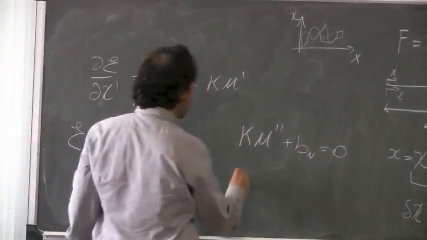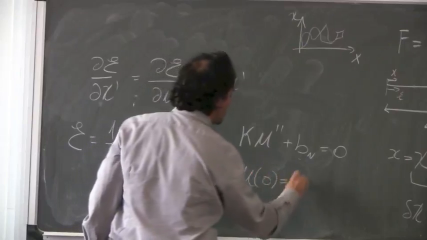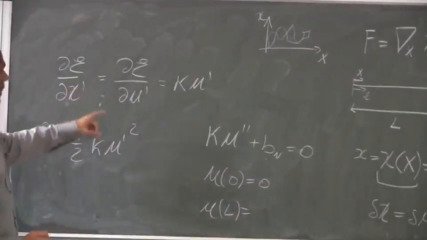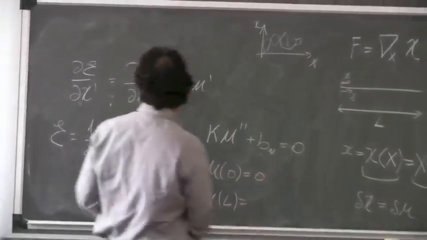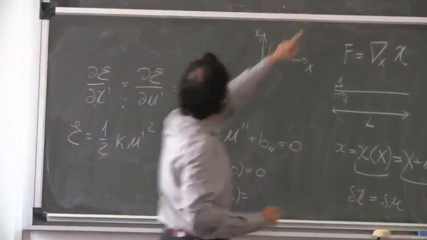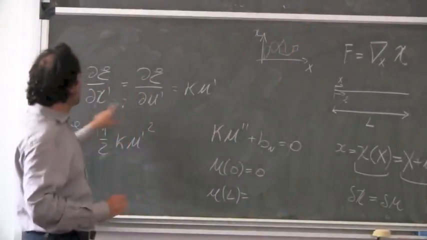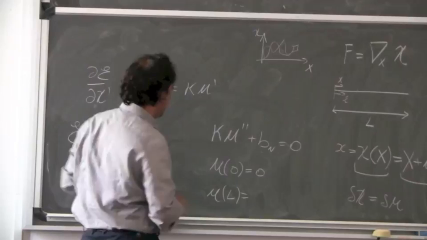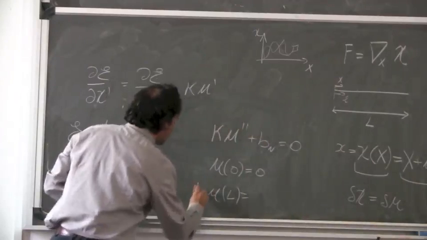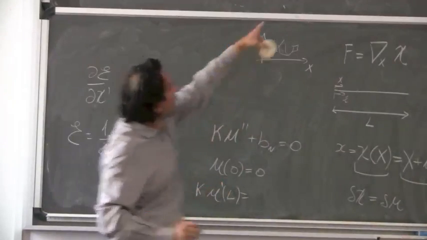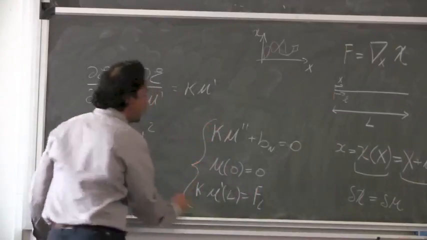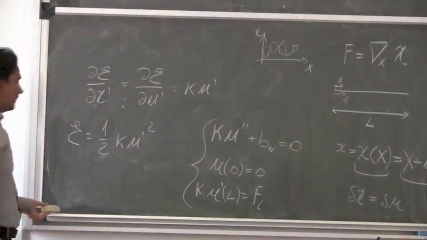And at the border you have u in 0 equal to 0, and u in L. How to get the u in L? You don't have in fact u in L in this case because the boundary condition is there. The derivative of E with respect to t prime is k u prime. So in fact, you have k u prime evaluated in L equal to FL. So you have derived your boundary value problem.